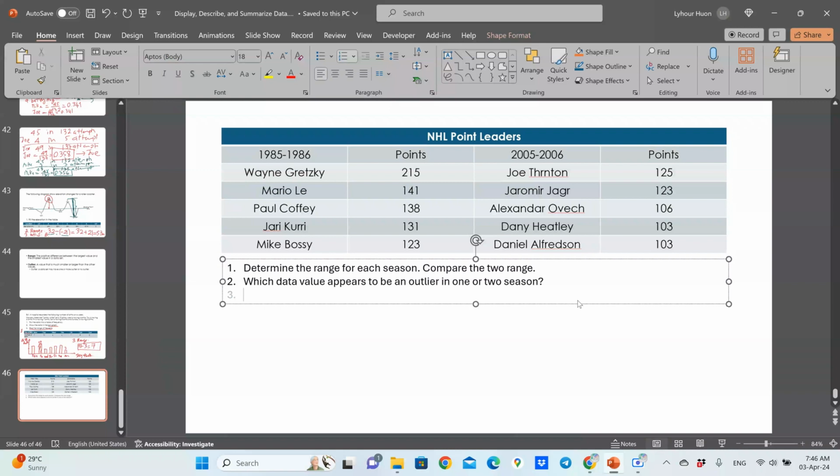And number three, remove the outliers and determine the new range. Then compare the new range.